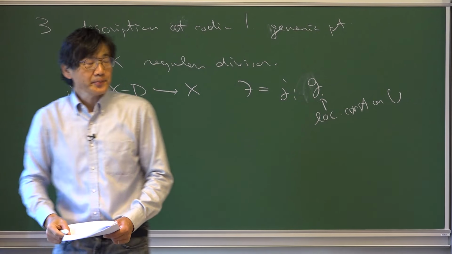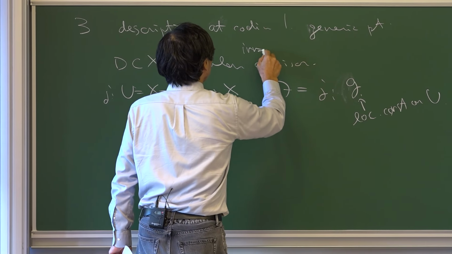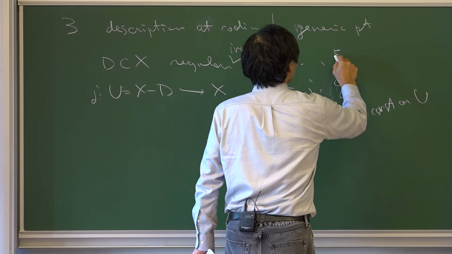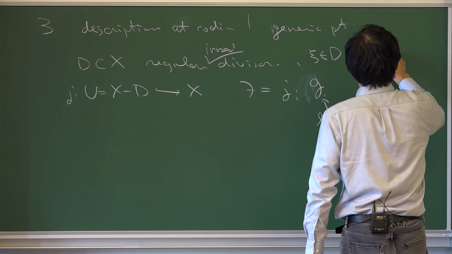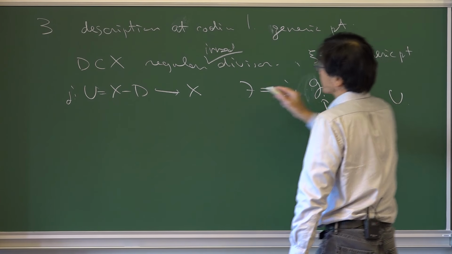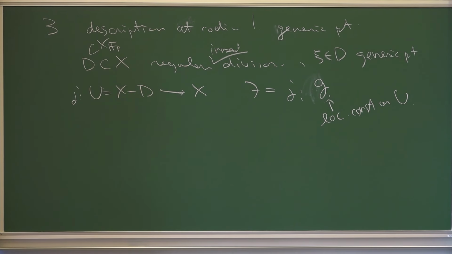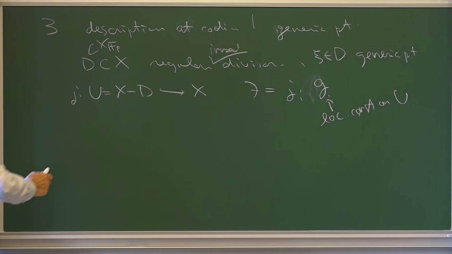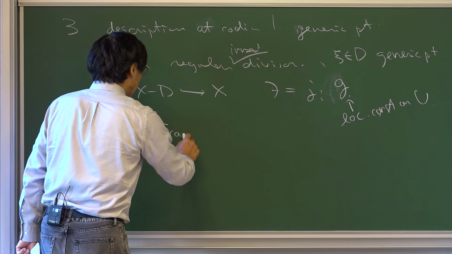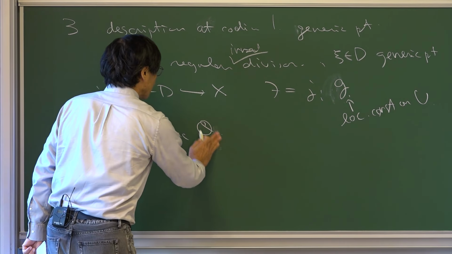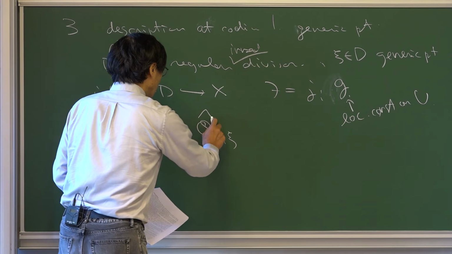So let's consider this case, a regular irreducible divisor, and let ξ be the generic point. The residue field is of characteristic p. So K will be the fraction field of O_X, so we have this DVR and its completion.